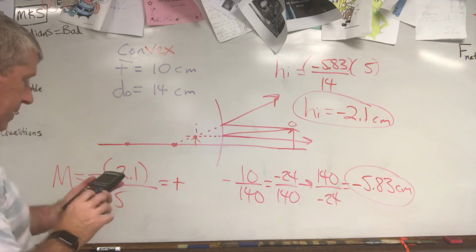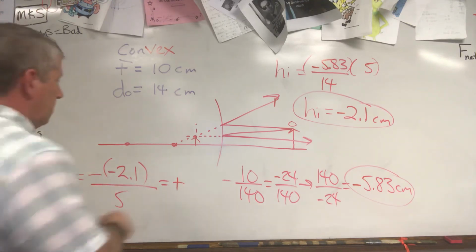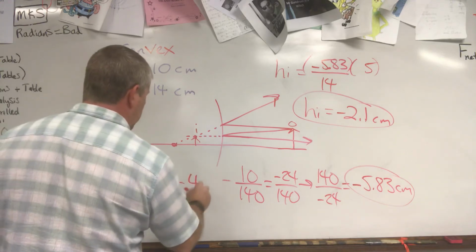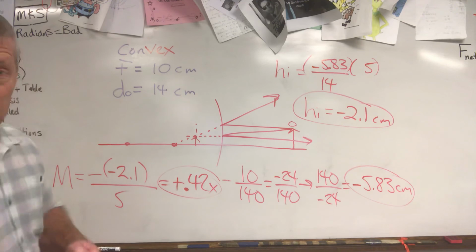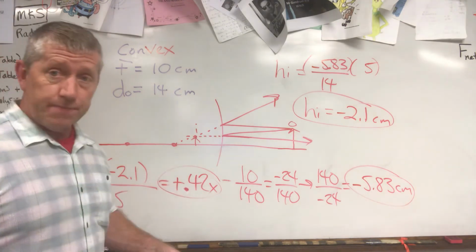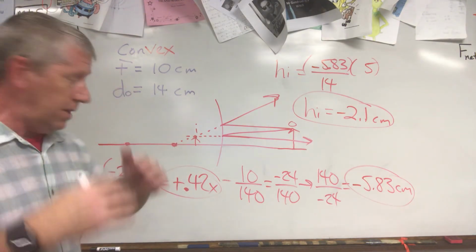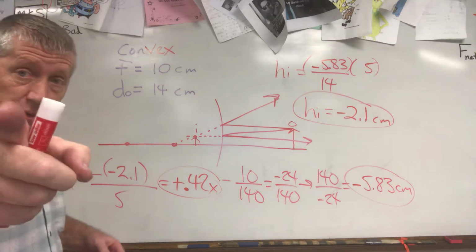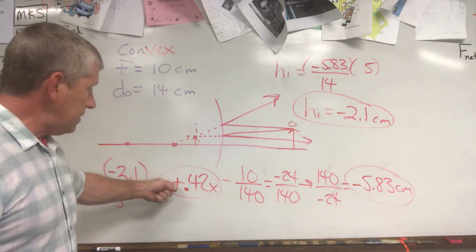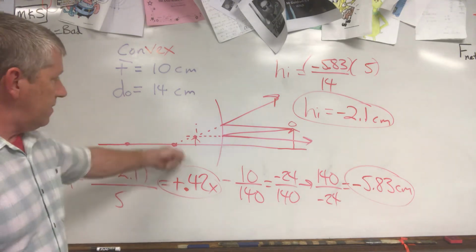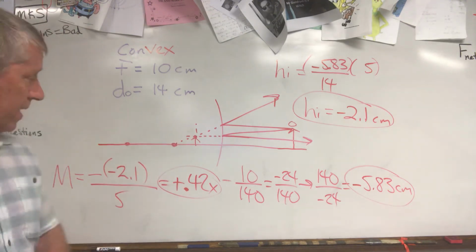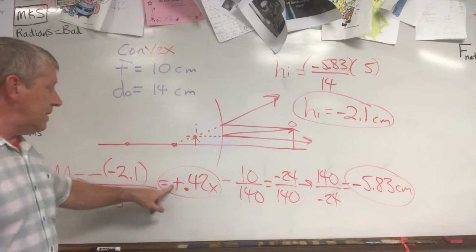Divided by 5, 0.42. So positive 0.42x. What does that mean? Positive point something means it's smaller. It's smaller by more than 2 times. It's less than half the original height. So it's reduced. And it's upright. Positive m means it's upright. We have an upright image. That's what the positive here means.